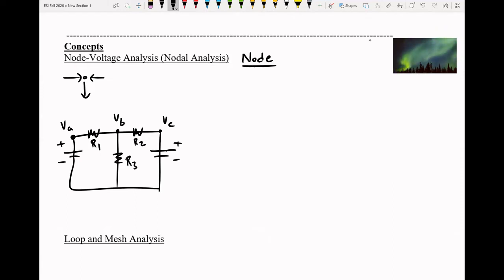And then down here, we'll call this point V of D. Okay.